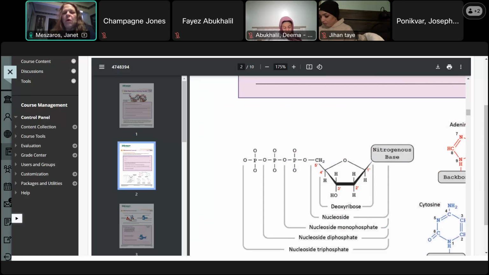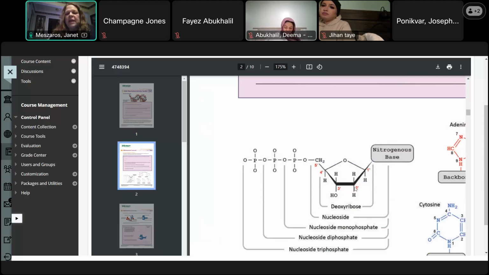So remember, this whole thing is called what? A nucleotide. This whole thing. It has 3 parts. A sugar, called deoxyribose. A phosphate group, which is here. And a nitrogenous base, which is here. The nitrogenous base, which could be adenine, thymine, guanine, or cytosine, is attached always at the 1' carbon of deoxyribose.